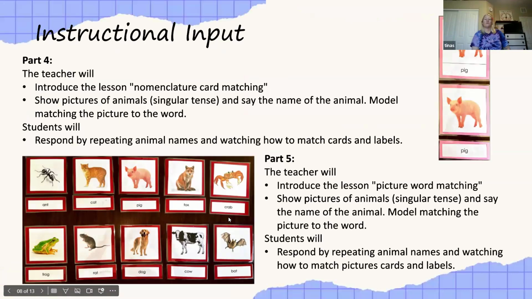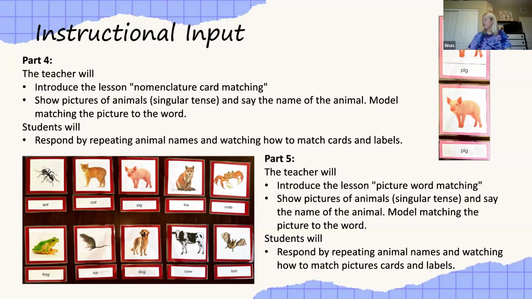So now I'm going to show you some new cards that we're going to be working with in our classroom. Okay, the first set, these are called nomenclature cards. Nomenclature cards teach us new vocabulary. That's new words. So we're going to learn the new animal words. Okay, the animals that we just did are all on these cards. This set has the picture and the word.